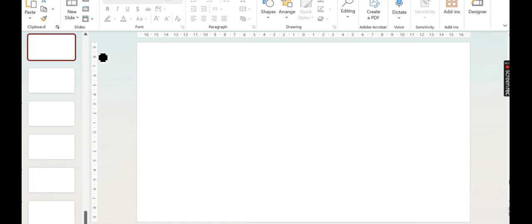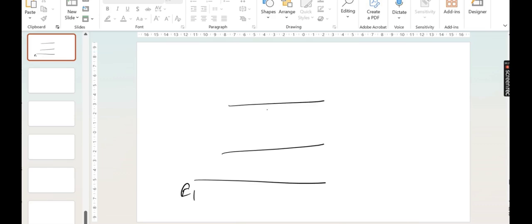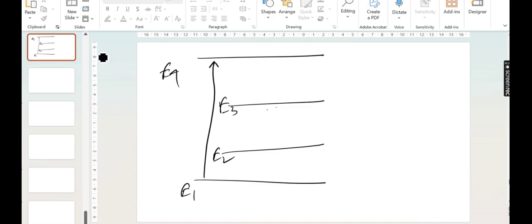The 4-level laser system, this is E1. The lasing happens between E3 and E2, and this is E4. So first it goes there, then a non-radiative transition.